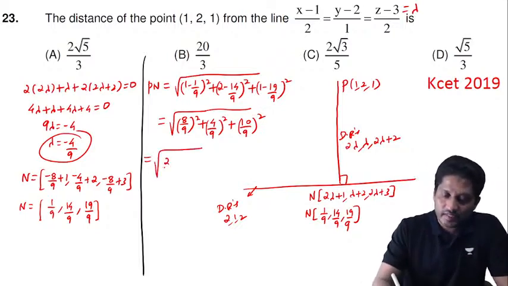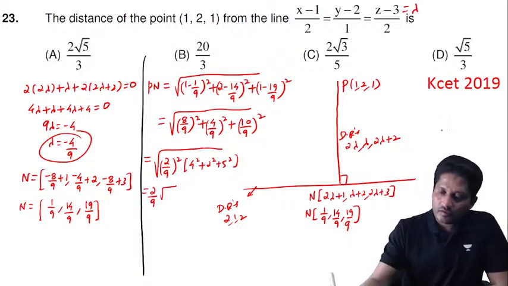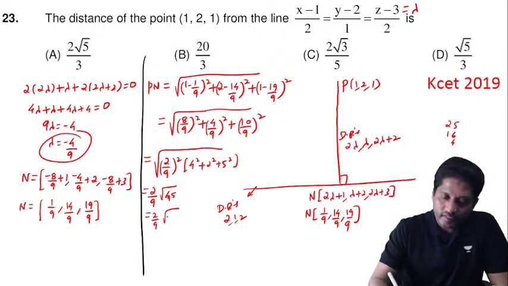I can write this as 2 by 9 the whole square common. Left out is 4 square plus 2 square plus 5 square. 2 by 9 the whole square outside the root is 2 by 9. Root of 25 plus 16 plus 4 is root of 45. 2 by 9 root of 45. 45 can be written as 9 into 5. 2 upon 9, 3 into root 5.